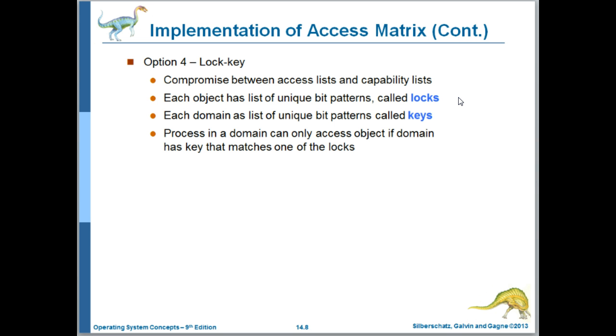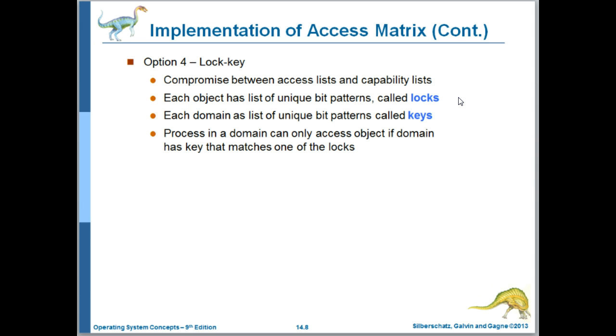Another reason for having multiple locks would be if we want to temporarily grant a set of access rights to an object, but later revoke that without revoking similar access rights for other domains. Because it could certainly be the case that a couple of different domains access an object through the same lock.